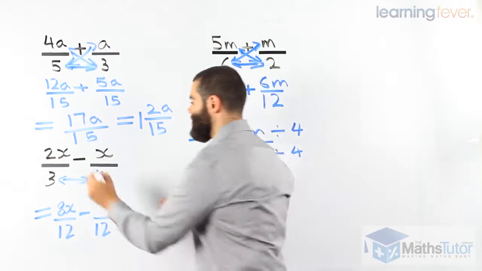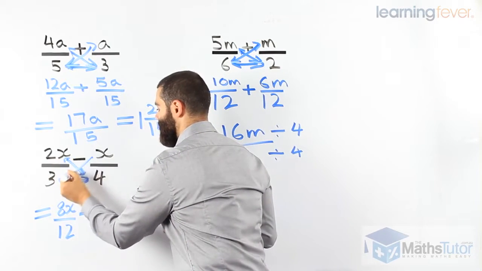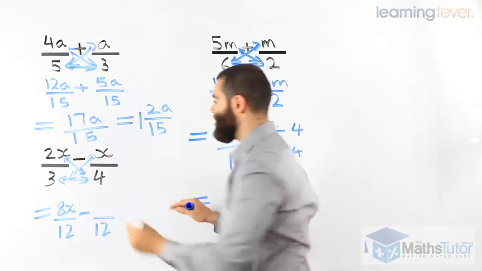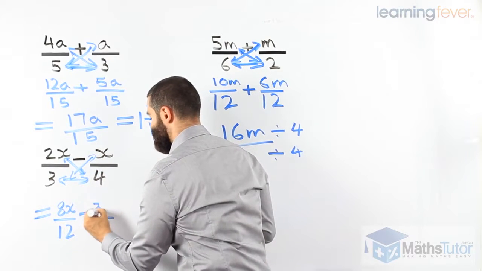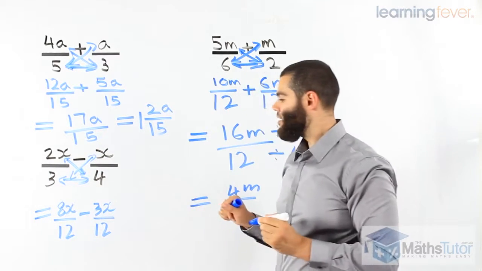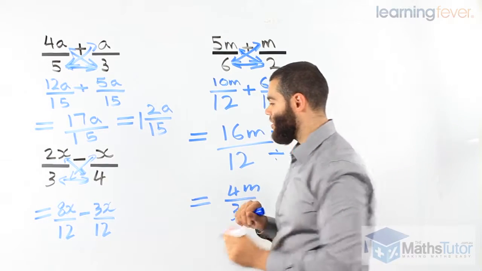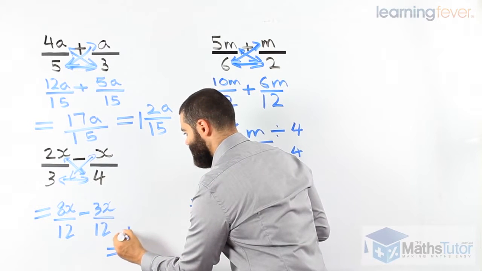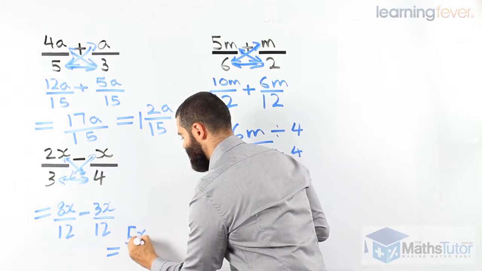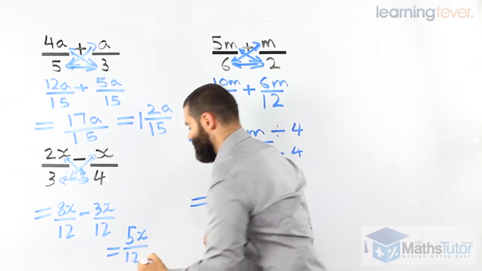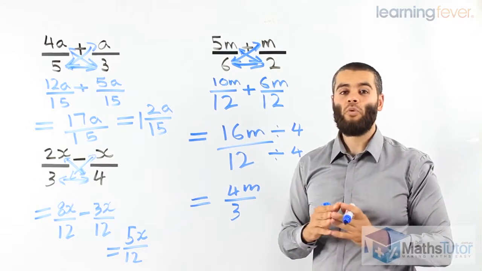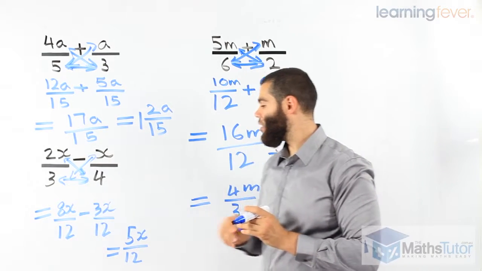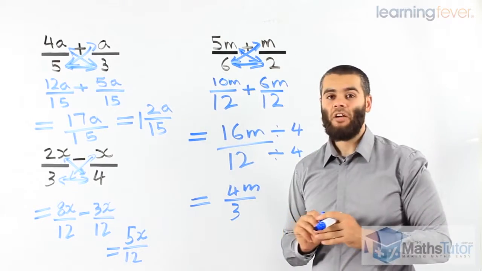Then for the last one, we multiply the second numerator with the first denominator: x times 3 is 3x. 8x minus 3x is 5x over 12. 5x over 12 is the last answer for us.